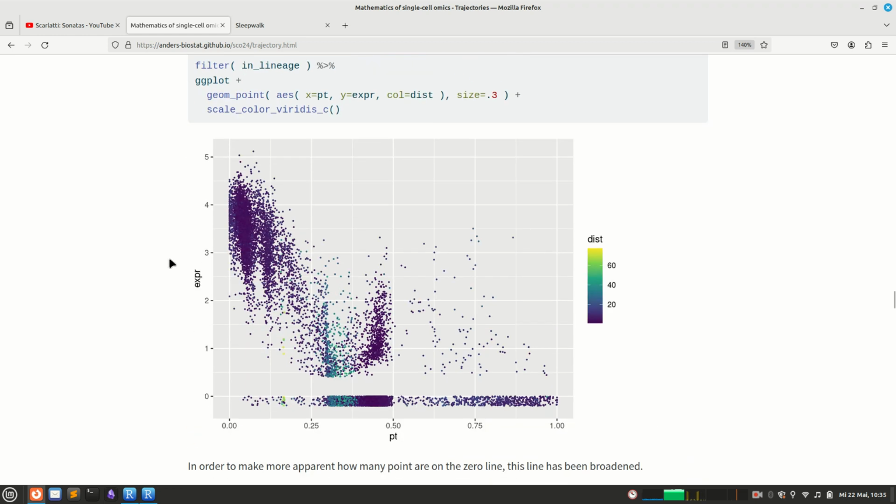Remember that the way this 0 is placed, and how much distance we have here between the 0 and the 0.5, is just an artifact of our normalization procedure, because we made this the decadic logarithm of the counts for the gene over the total counts, times 10 to the minus 4, plus 1.